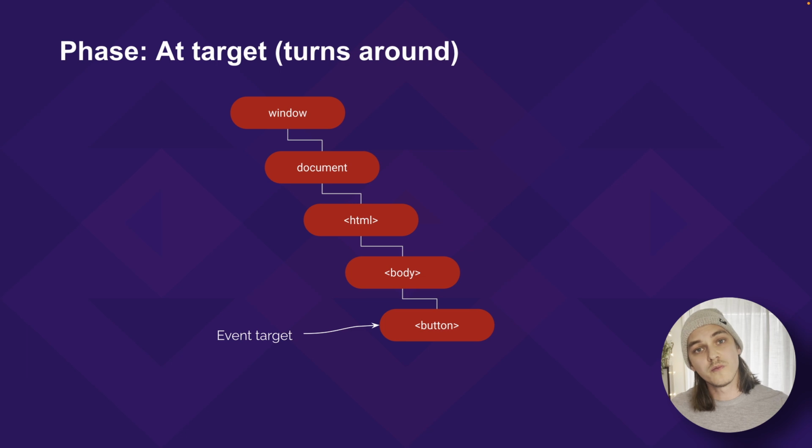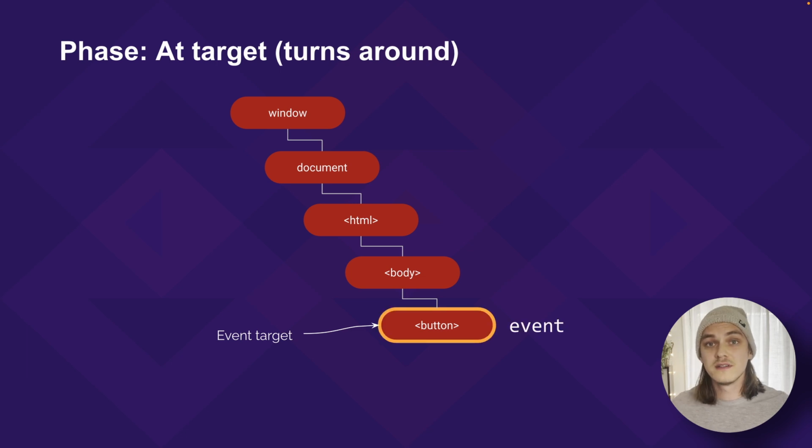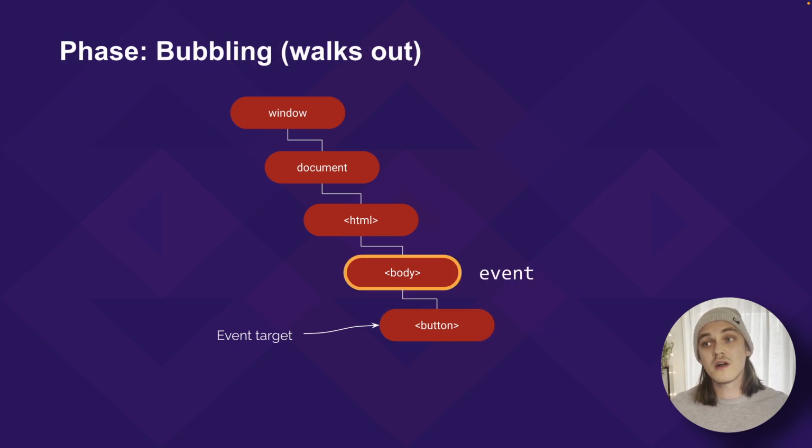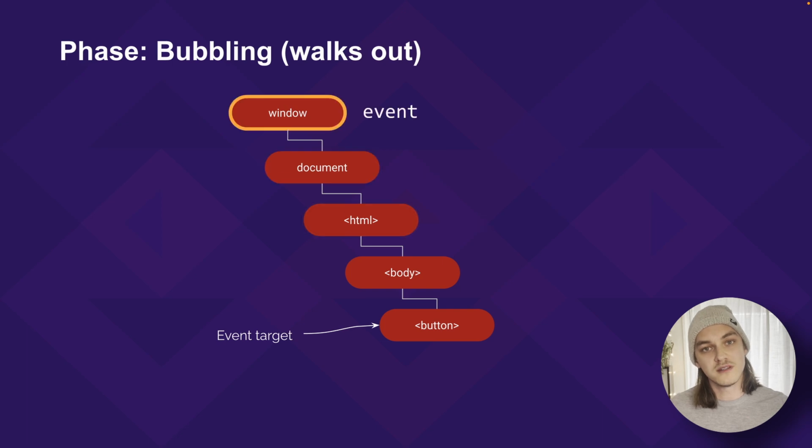Here, it will move past, but not further on, the event target object, after which it will transition to the walking out phase or the bubbling phase. And it will walk out the same way it walked in. After this, the event propagation system is completed.